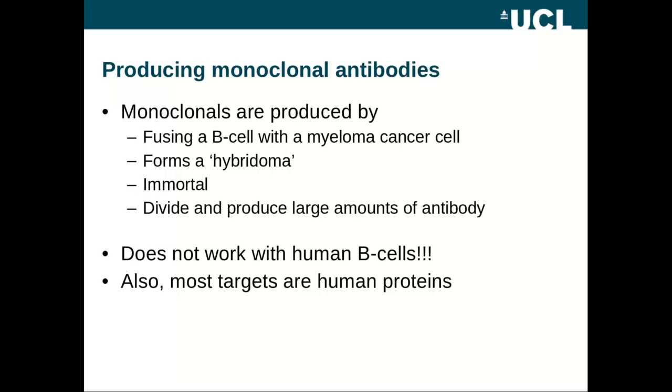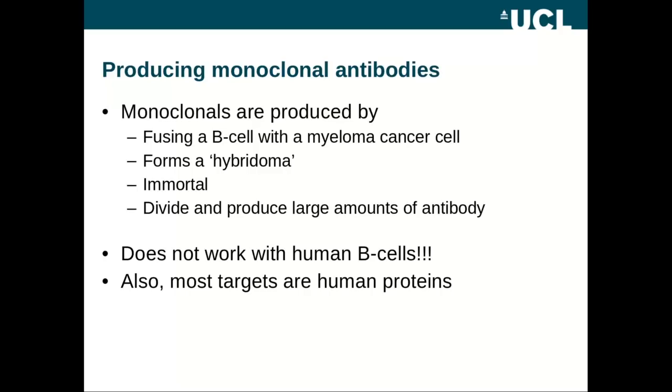Also, of course, most of the targets that we're interested in are actually human proteins, and the human immune system doesn't target human proteins. If it did, we'd all be suffering from autoimmune diseases. And if you wanted to target a non-human protein, then that's probably on some rather nasty bacterium or virus or something, and you probably don't want to introduce that nasty antigen.